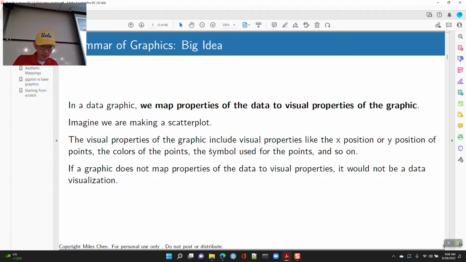So the big idea with a data visualization and a data graphic is we take properties of the data and we map them to visual properties of the graphic.